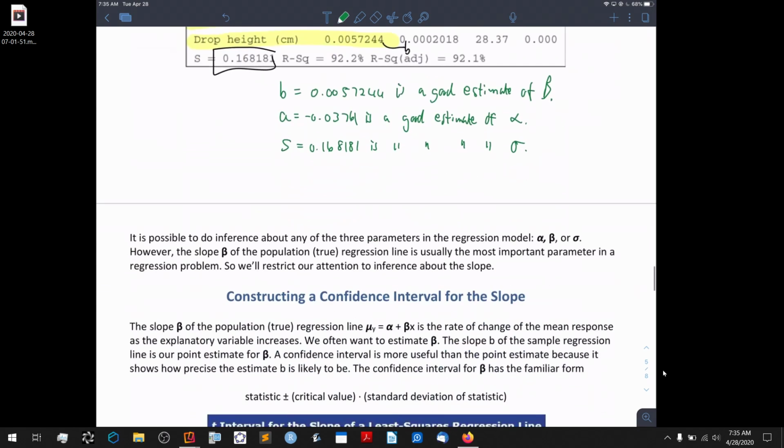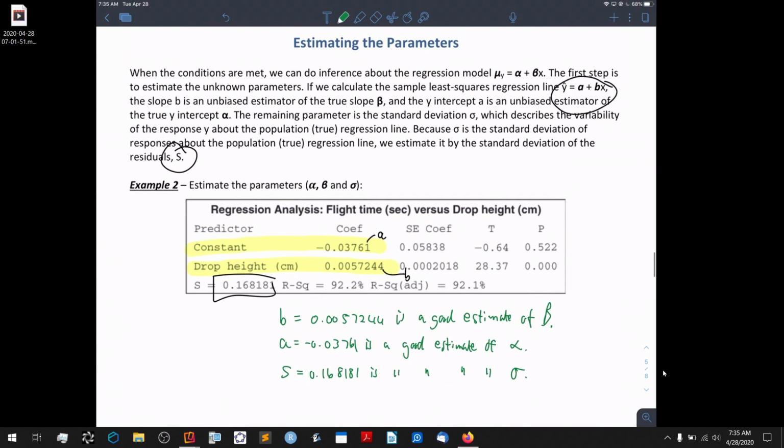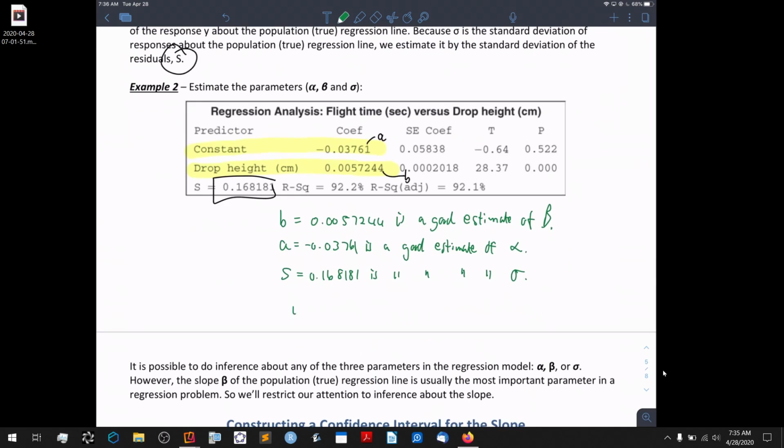And you should remember how to write the regression line from this. Y hat equals negative 0.03761 plus 0.0057244 x.